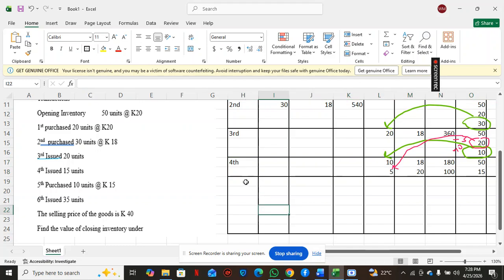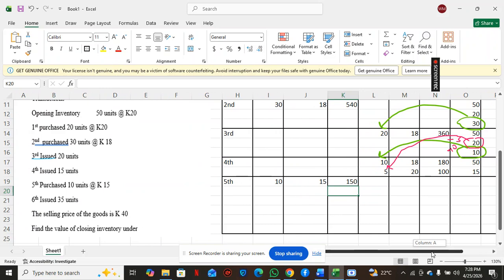Just put here 10. We went to our supplier and bought 10 of these spare parts. We found they are cheap now, going for 15 kwacha each. So 10 times 15 is 150 kwacha.